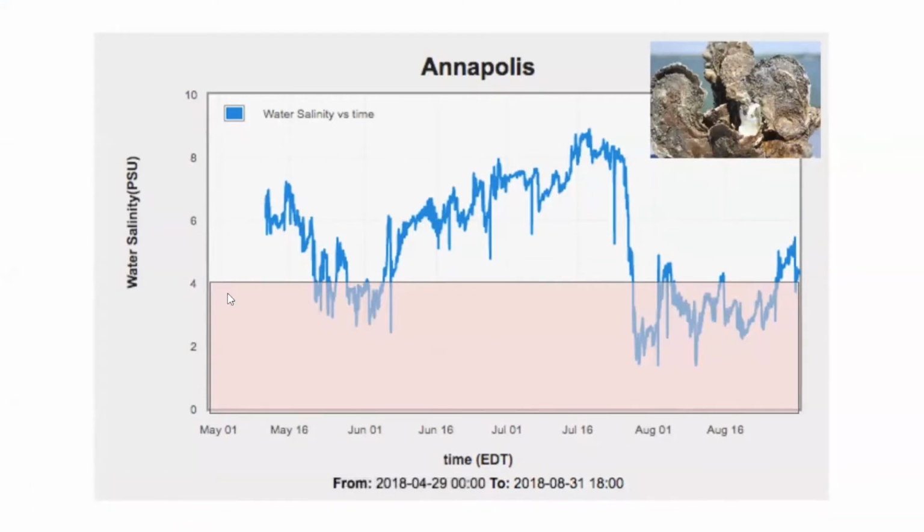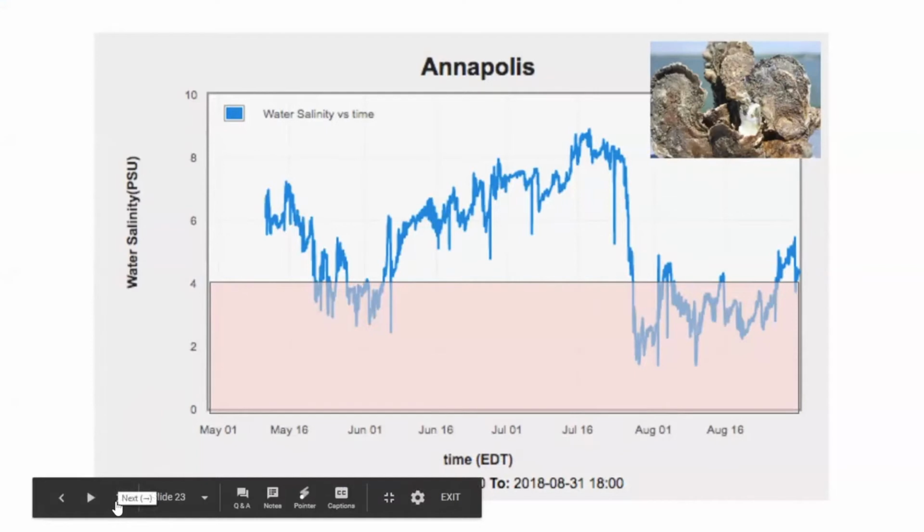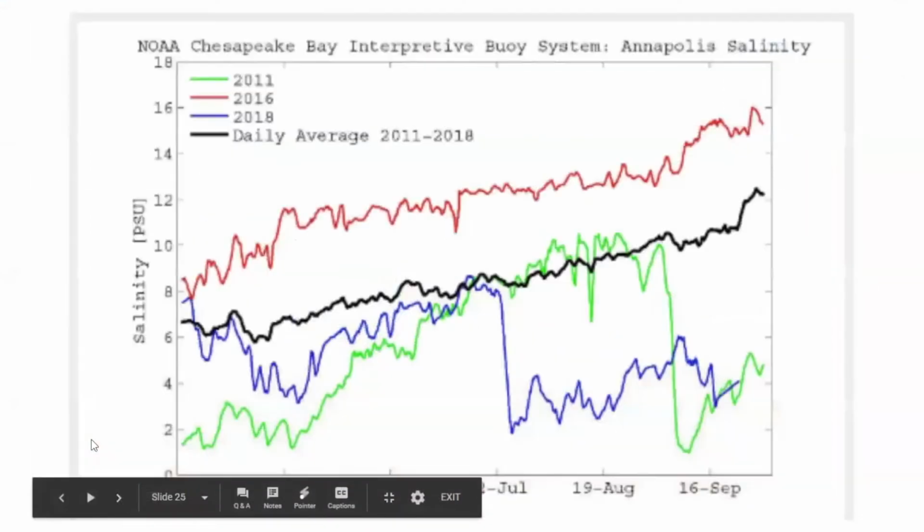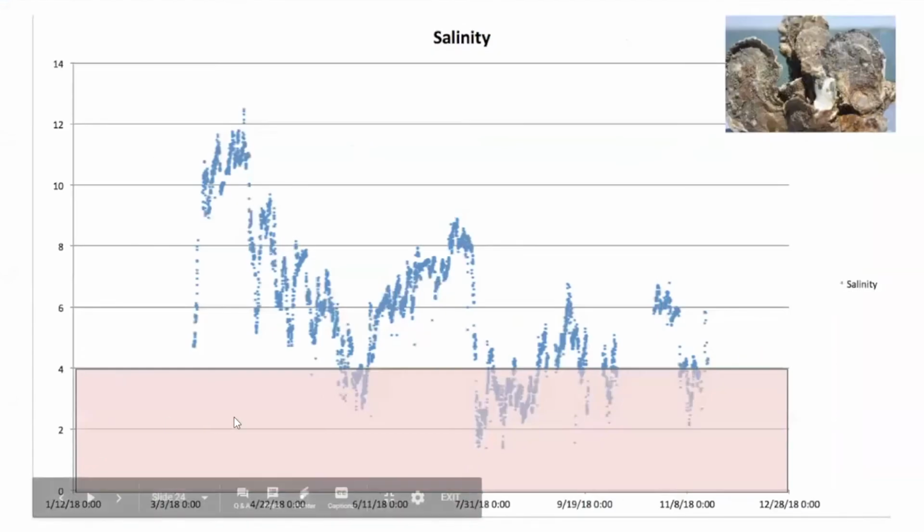But occasionally, when the salinity gets below 4 parts per thousand, and this is Annapolis, so south of the Chesapeake Bay Bridge, there's oysters that are north of the Bay Bridge, so it's maybe a little bit fresher out there. We had a good period of time where the salinity levels were actually below 4 parts per thousand, which is not ideal for oysters. And that lasted for a good chunk of the rest of that year.